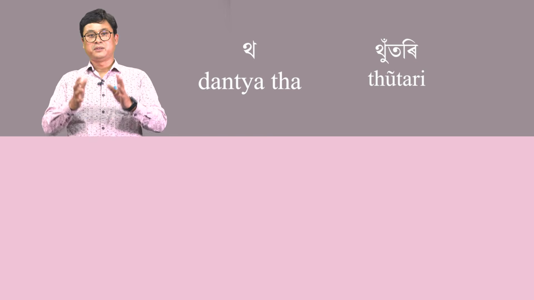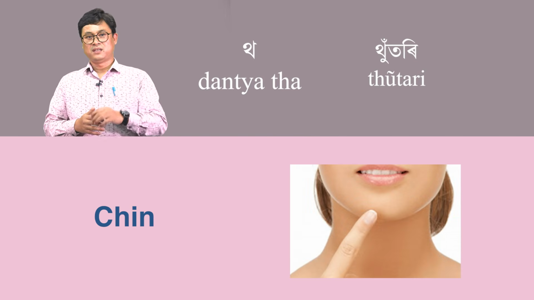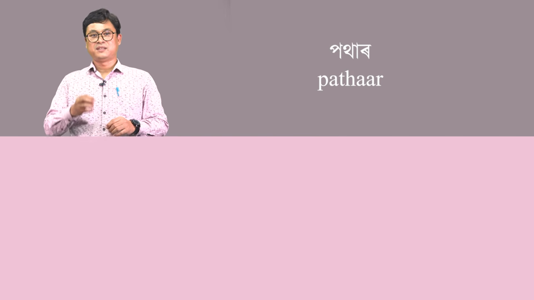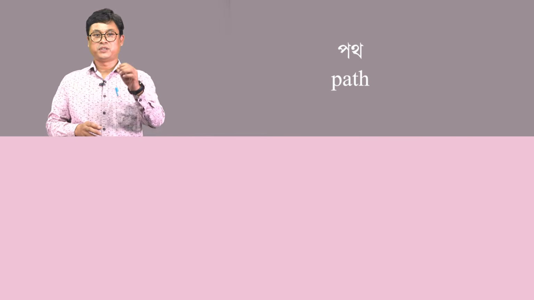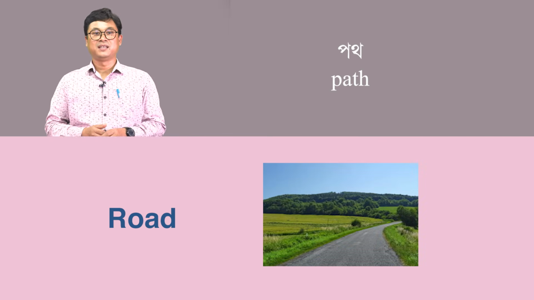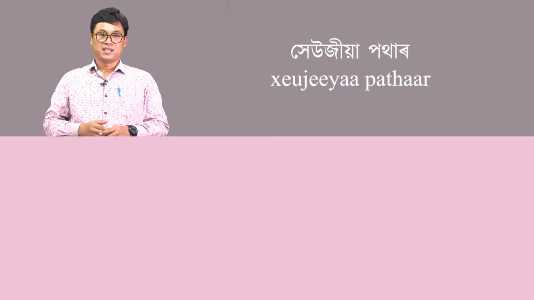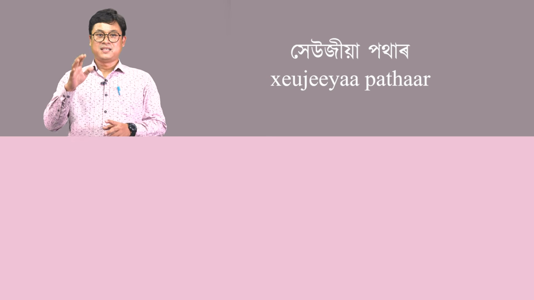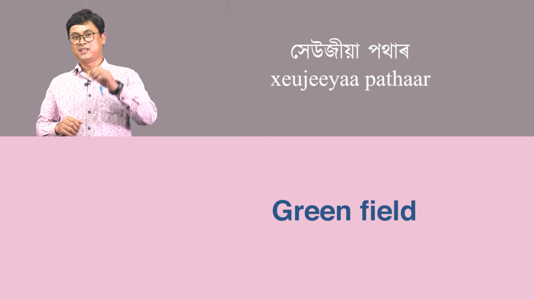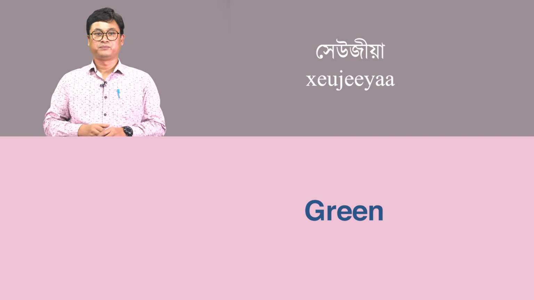To for tutori, which means chin. Pothar, that means field, and poth, which means road. We can make the phrase Heusia pothar with the word pothar. This phrase means green field, where the word Heusia means green.